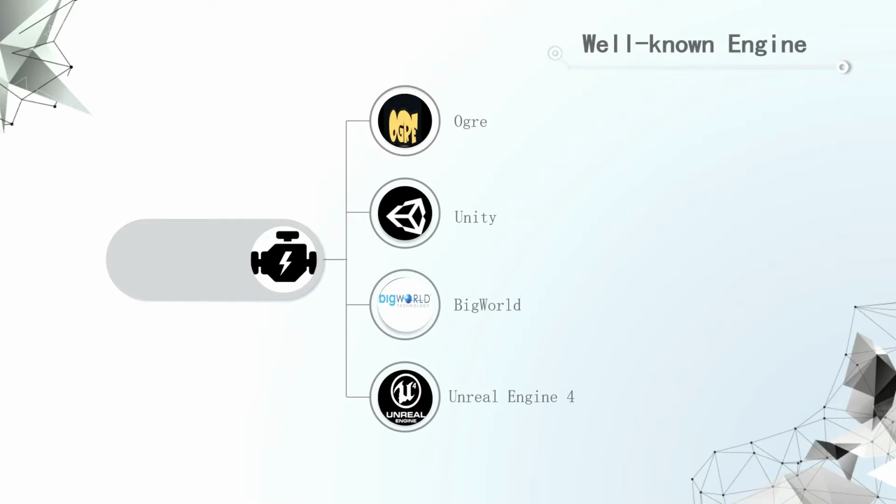After determining the general direction of the design, it is necessary to determine which engine to use for development. A good engine will affect the development process of the project, so I will choose from 4 excellent engines.